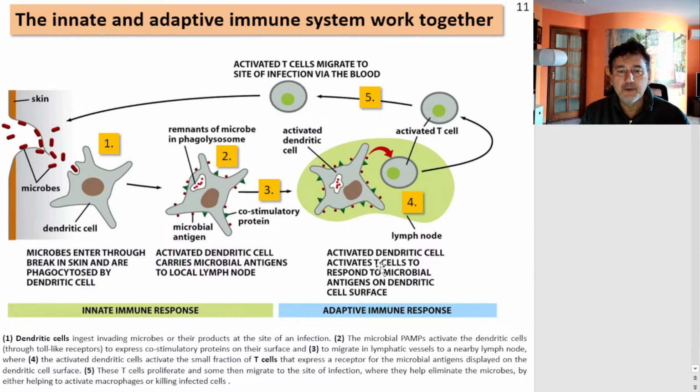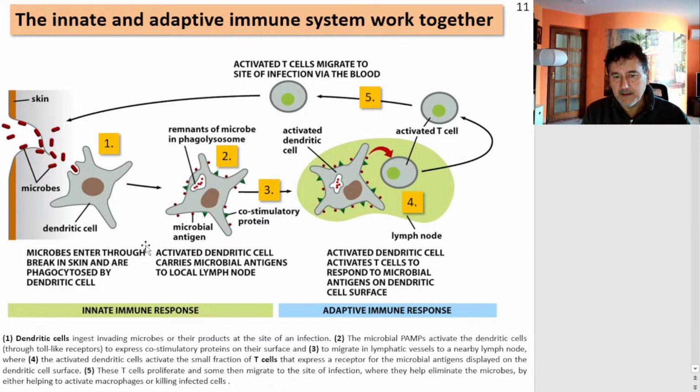For example, at the site of the infection, if it is a skin injury, then the so-called dendritic cells appear. The dendritic cells are very similar to the phagocytes. Actually, they are also phagocytic cells, but they have a very special role, which will be also discussed a little bit later, that they are called professional antigen presenting cells.